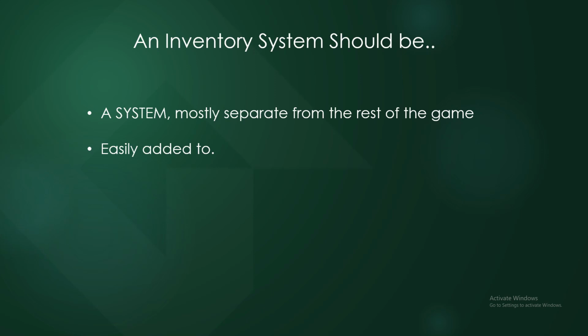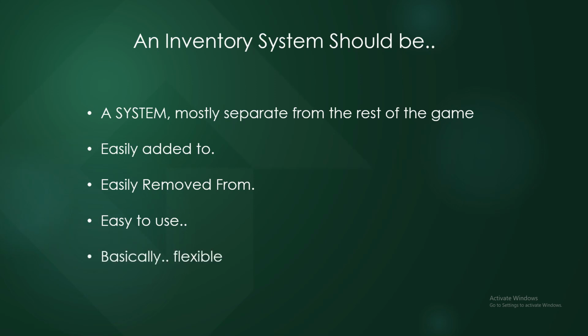It should be a system, so it should be easy to use like a system, and easy to be removed from. Easily remove items from it. And it should be easy to use. So basically, it should just be flexible and very easy to use, add, subtract, and manage.